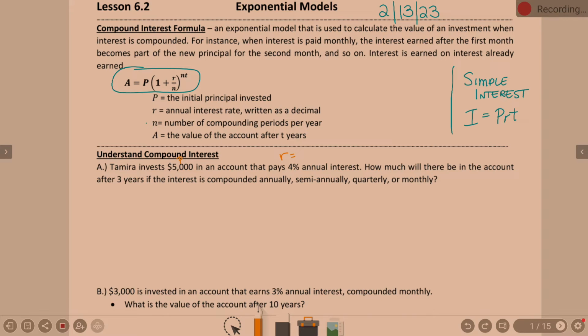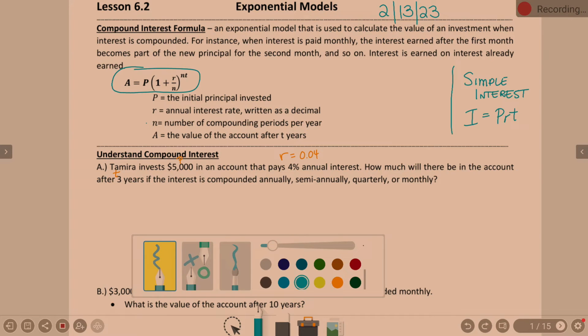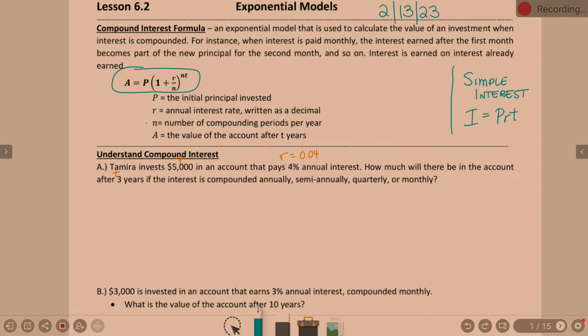Yes? So 0.04. How much will be in the account after 3 years? 3 years is the T value. And then realize we're going to do this problem 4 different times, aren't we? Perfect. Okay. So let's start with annually.